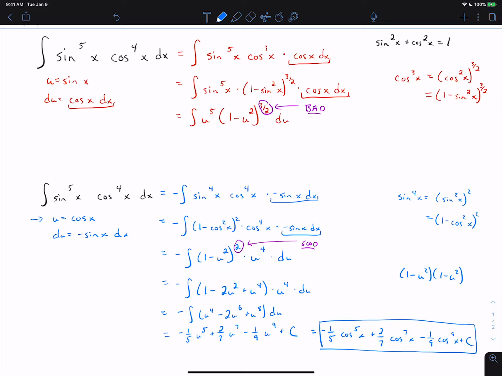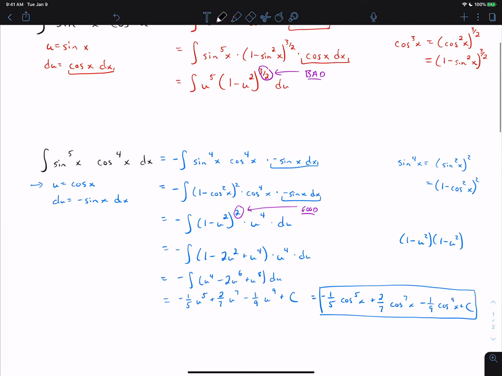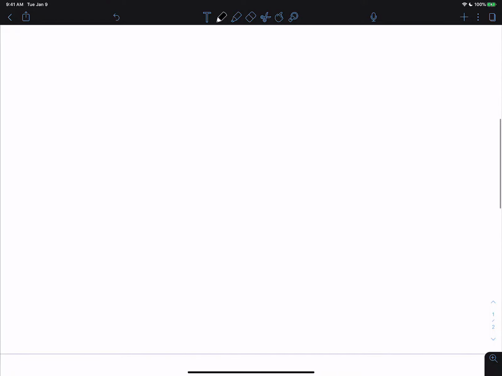But I want you to try a problem first, and then we'll come back and determine how you make the decision between the two substitutions. So we'll come back to this screen in a minute. But I'd like you guys to pause the video and just try this. If I have cosine or sine to the fourth, cosine to the third x.